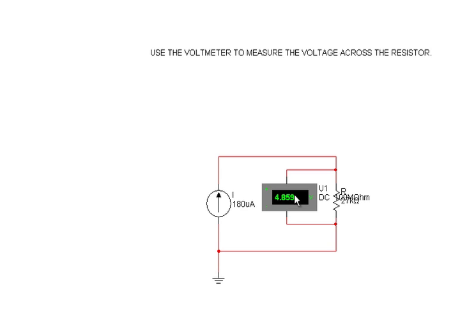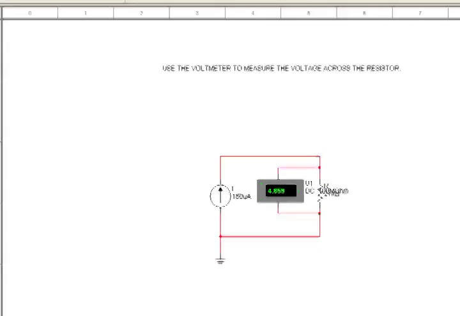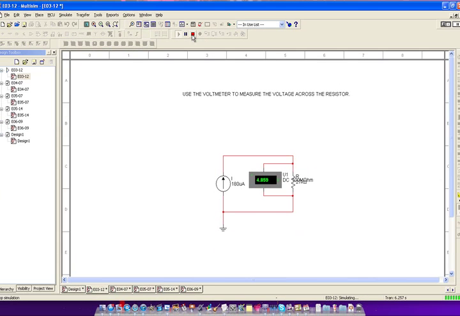So in the lab you can get both these answers according to the resistance of the voltmeter, according to the company you're using. Of course, the companies have different resistances for their voltmeters. Okay, now let's go to the next example.